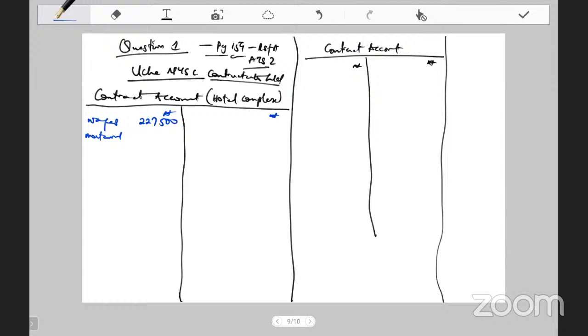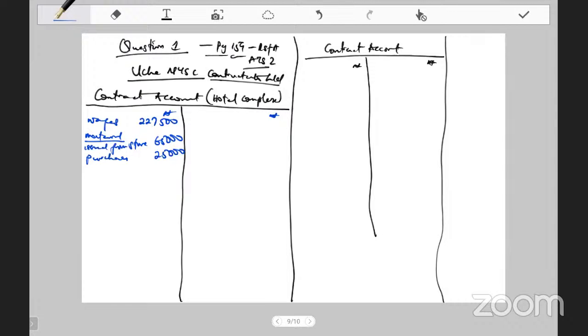Material issued from store. How much? 65,000. The material issued from store is 65,000. Next. Material direct purchase, 25,000. Next.